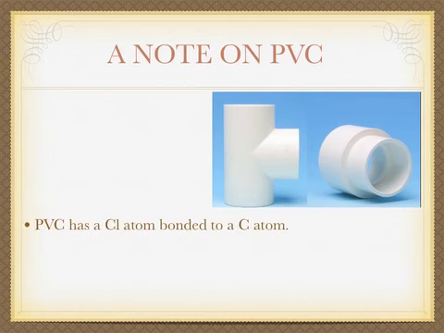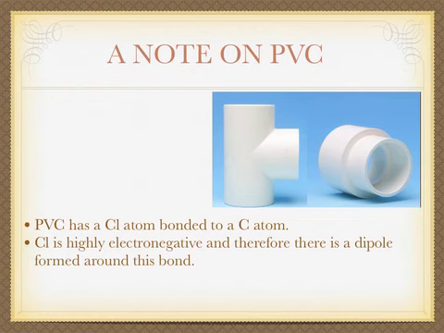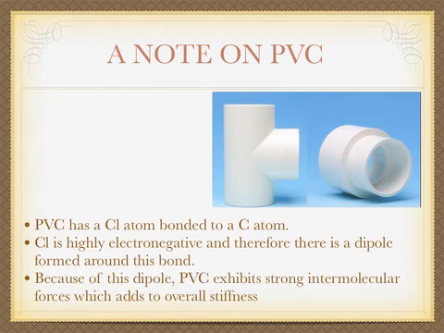A quick note on PVC. You know that PVC has a chlorine atom bonded to a carbon atom. That means that it's highly electronegative, so there's a dipole formed around this bond. If you think about it, chlorine is much more electronegative than carbon, so as they share electrons, the electrons will spend more time around the chlorine atom than the carbon. This yields a dipole. Now, because of the dipole, PVC exhibits a strong intermolecular force which adds to its overall stiffness.